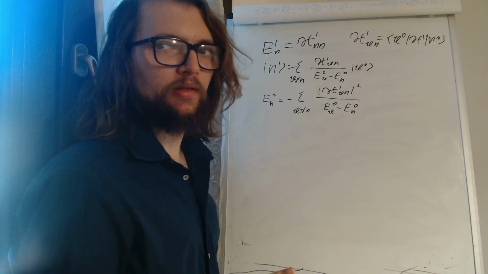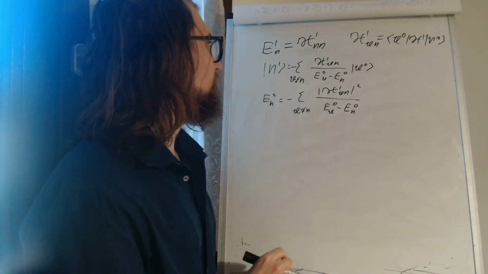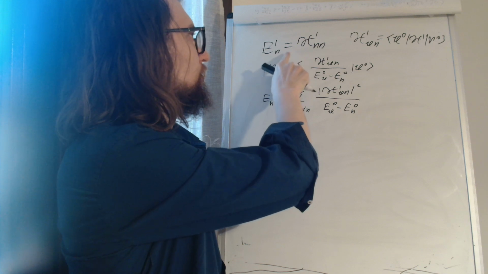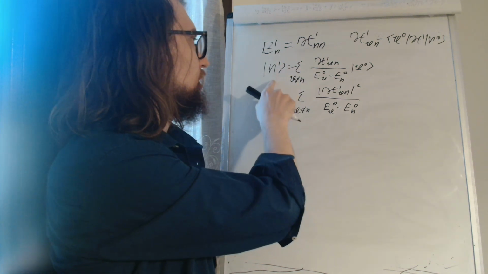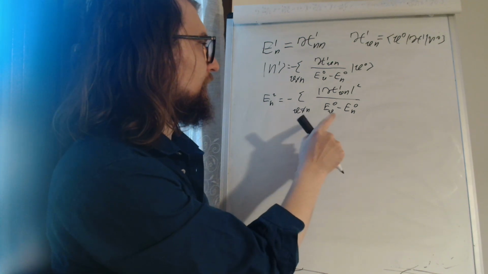To sum up, the important relations we got, which are useful in many applications, are the first order correction to the energy, the first order correction to the eigenstate, and the second order correction to the energy.